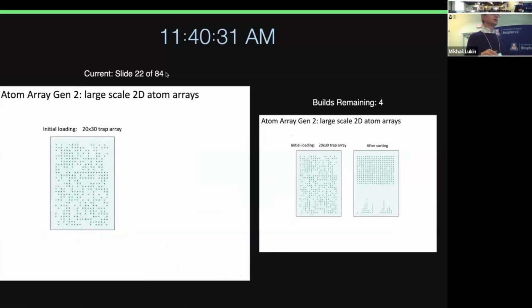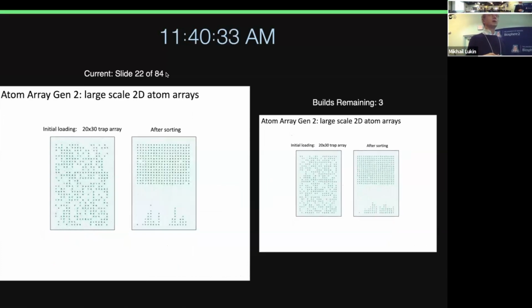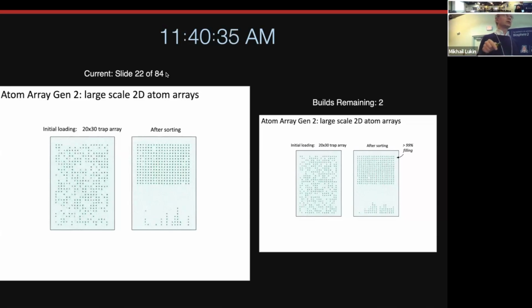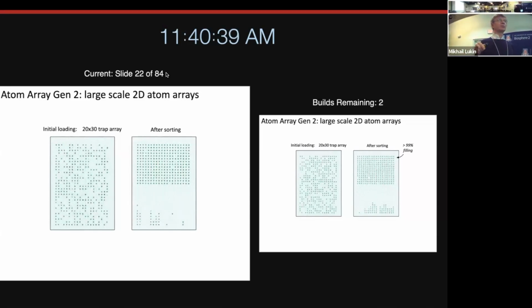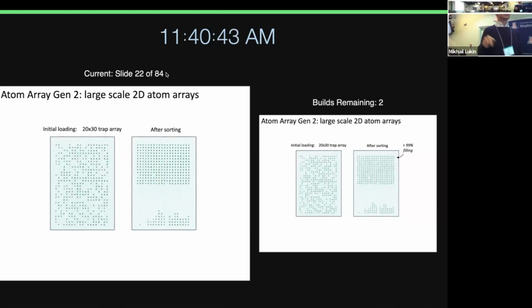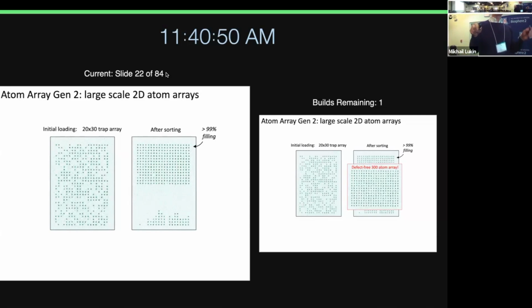So these are already fairly old images where we start with 600 traps and create an array of about 300 atoms by sorting them out. So these are these excess atoms. In this case, we have filling typically over 99%.